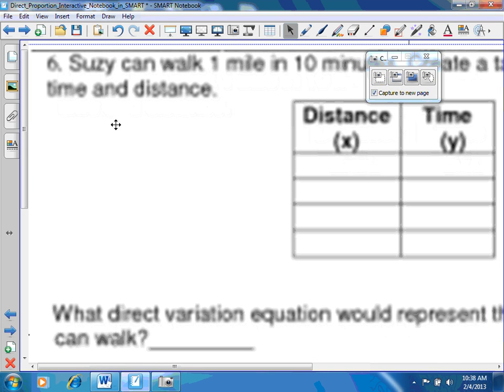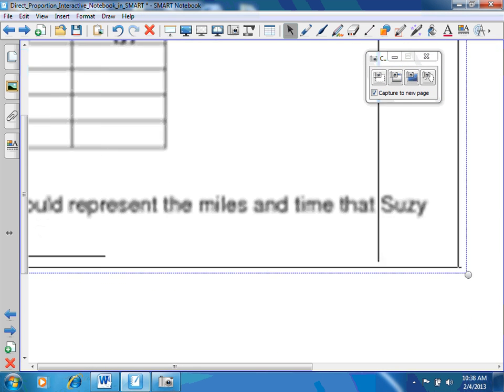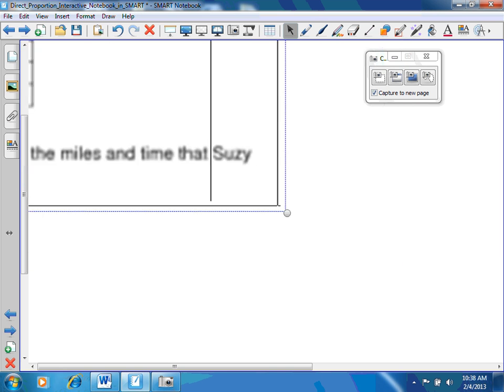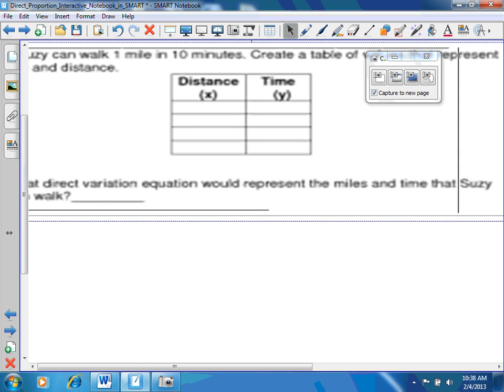You should have the Susie problem. Did you find Susie? Okay, glue her next to the problem.